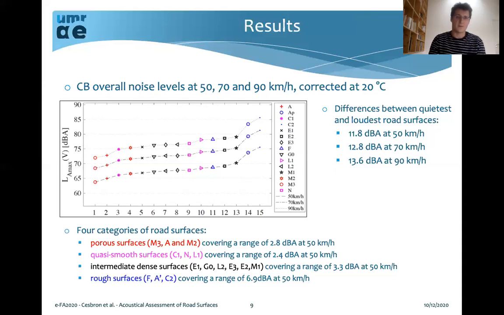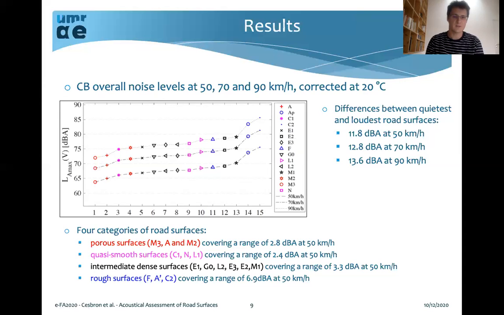Then from this ranking of the different road surfaces, we propose 4 categories of road surfaces. Porous road surfaces in red, including M3, A, and M2, which are covering a range of 2.8 dBA at 50 kph.